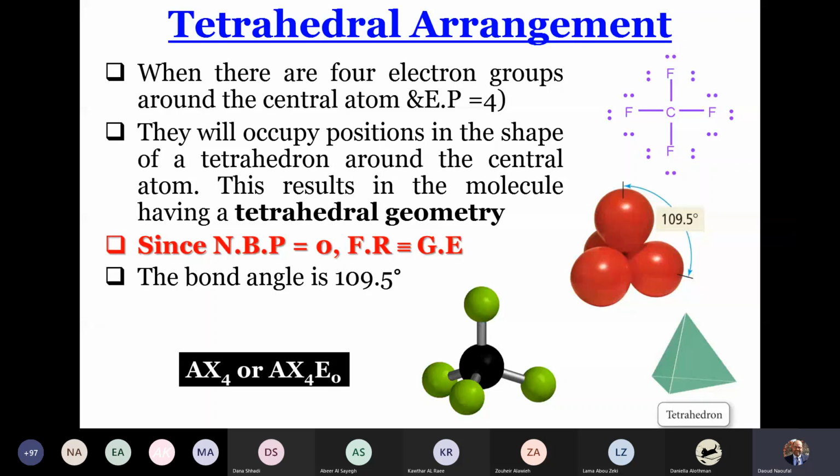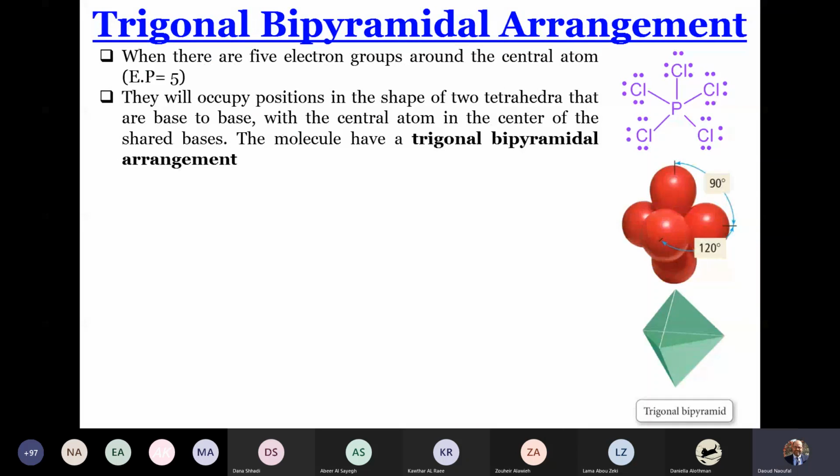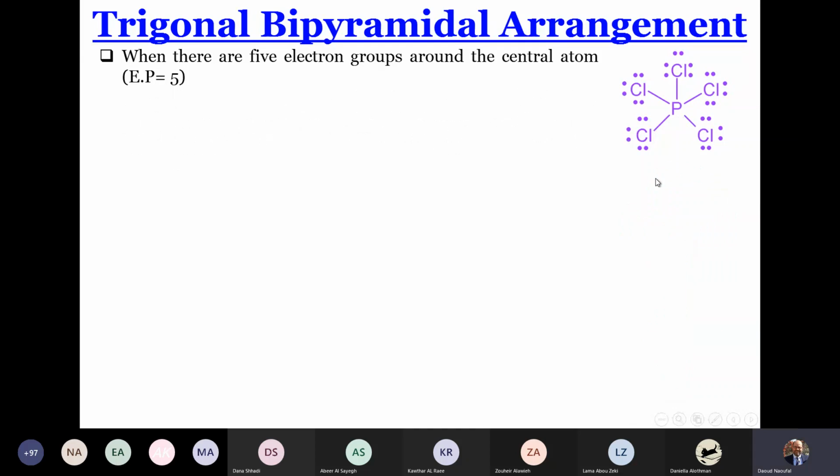We pass to EP equal 5. Consider PCl5. When we draw the Lewis structure, we obtain 5 outer atoms around phosphorus, and we have 5 bonds. And if you look now at the phosphorus, EP equals 5, so around phosphorus we have 10 electrons. And this is the extended octet rule.